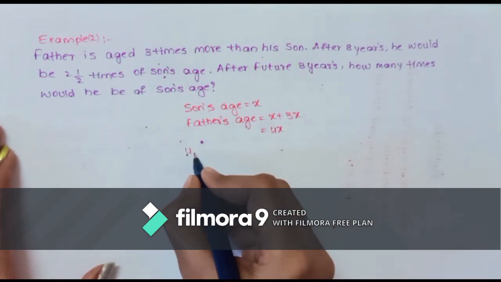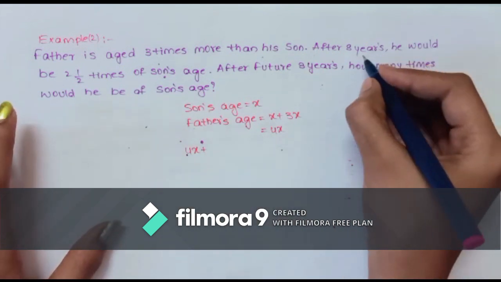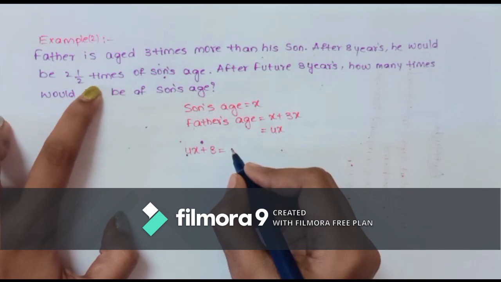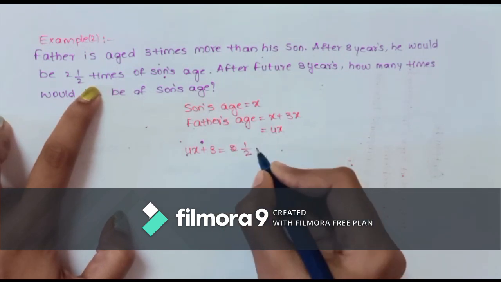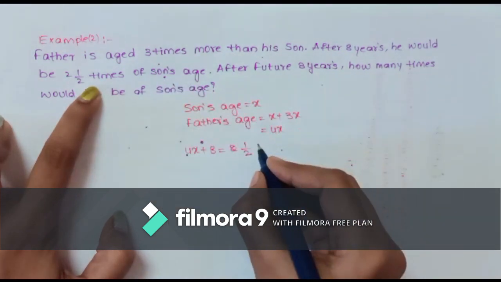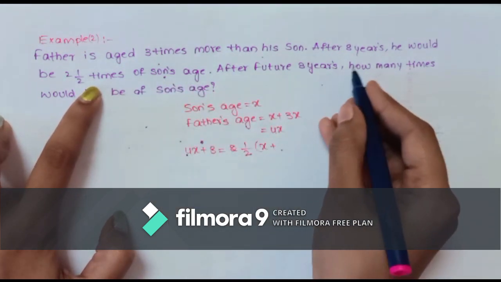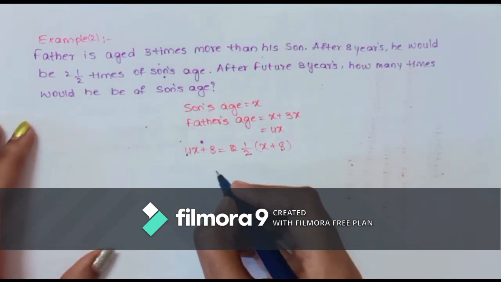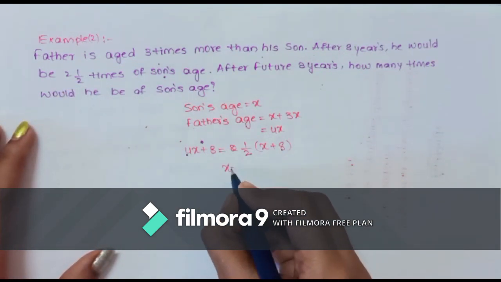Now 4x plus after 8 years plus 8 is equals to 2.5 times of his son's age. Here x plus after 8 years x plus 8. If we add, we'll get x is equals to 8.